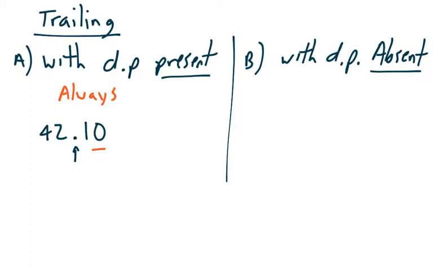The reason that zero is there is because in the measurement, that spot was the estimated digit. Okay? That zero, since it was estimated, is part of the measurement, therefore it's significant.